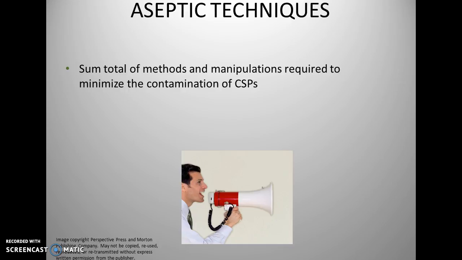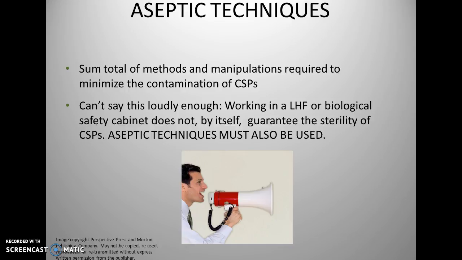So here we're going to talk about the sum total of methods and manipulations required to minimize contaminations. And again, can't say it loudly enough. Working with a laminar hood, flow hood, or biological safety cabinet does not, in itself, guarantee the sterility of CSPs.